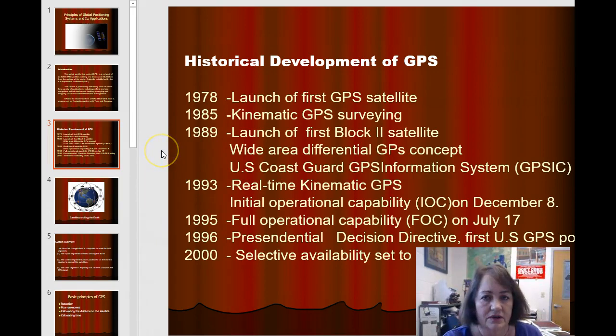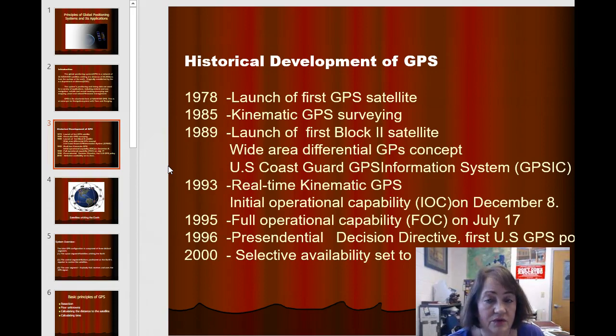Now, what we use right now is called RTK, or real-time kinematic, which means your receiver gets readings from the satellites, and we instantly have the data as to location, elevation, XYZ coordinates, so XY plane, Z elevation coordinates.